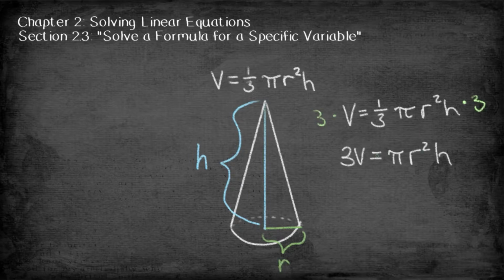And I end up with 3v equals pi r squared h. Now, notice we only have one term in this equation. It's pi r squared times h. If we want to get h by itself, we have to divide out the coefficient. The coefficient, in this case, is this pi r squared bit.